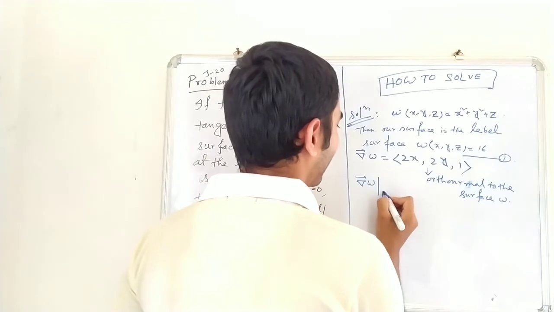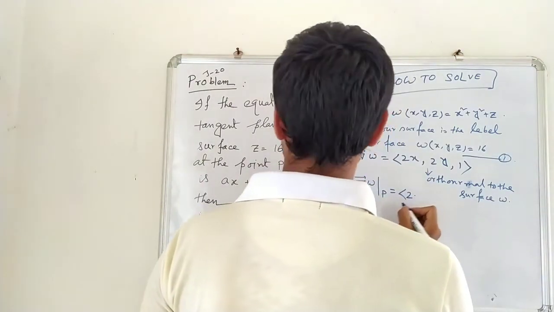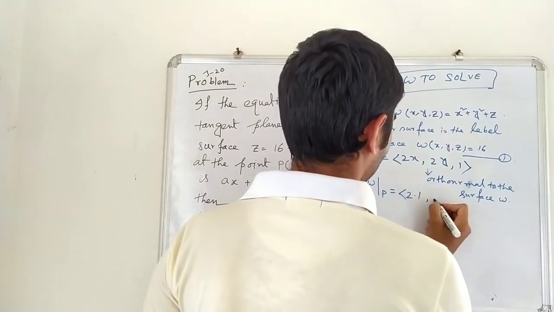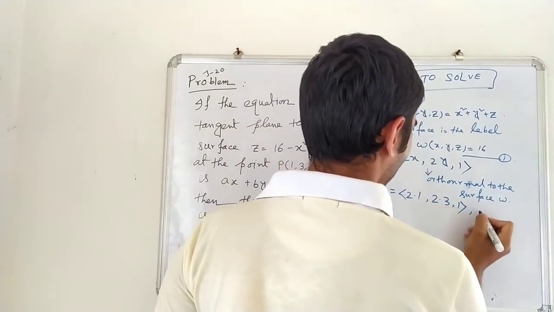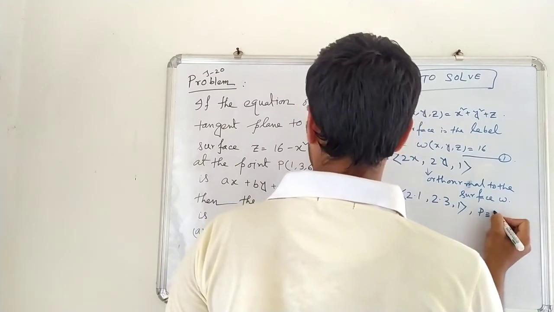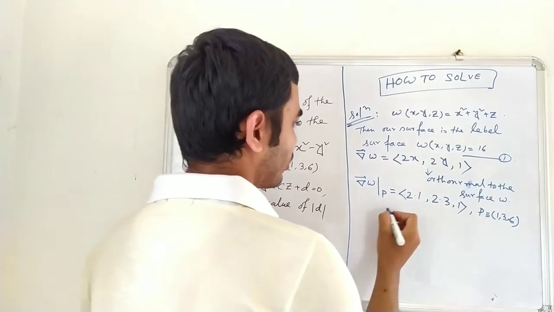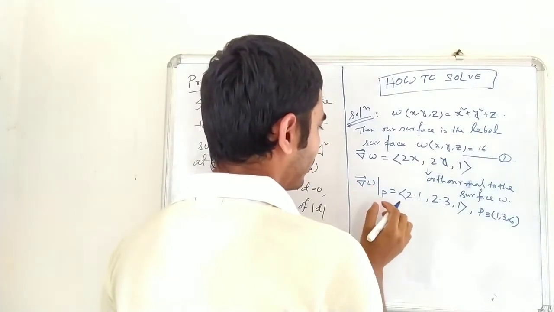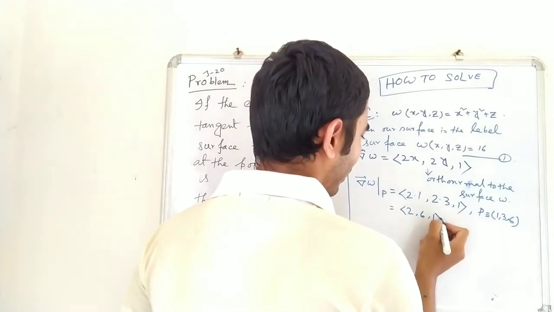Now we find the gradient of w at point P, that is 2 into 1, 2 into 3, and 1, because the coordinates of P are 1, 3 and 6. So the gradient of w at point P is equal to 2, 6 and 1.